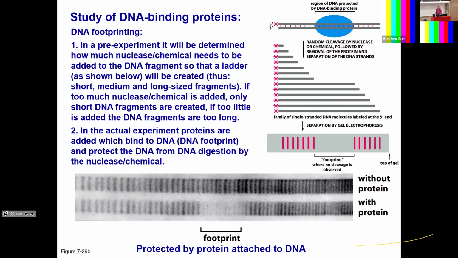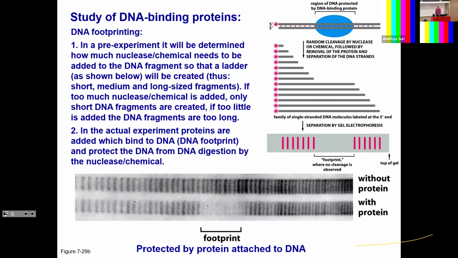It's called a footprint, because the protein protects the DNA. The nuclease cannot cut there, and therefore you will see some portion is missing here. That means the protein complex is there. The nuclease cannot cut at this site.